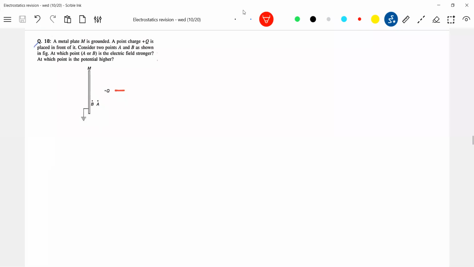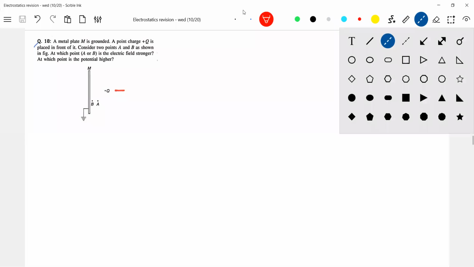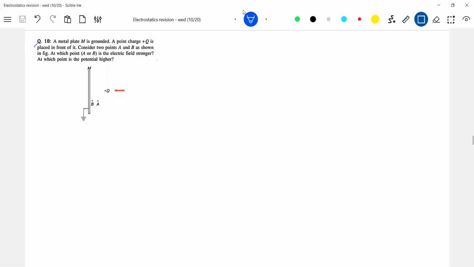Carefully look at this point charge Q and the plate. First read the question. So we have a plate, and this plate is earth. Let me locate a point charge. So what are the lines of force of the point charge?